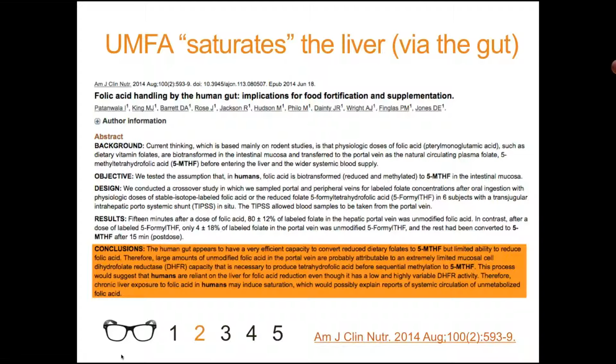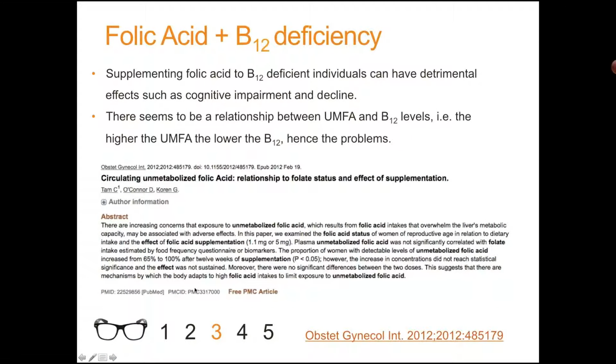But what is not taken into account is that the presence of folic acid is saturating receptors in the gut and impeding the conversion to methylated folic acid, to the bioactive compound that she will be using. And not only that, but she will also be experiencing an exacerbation in B12 deficiency.